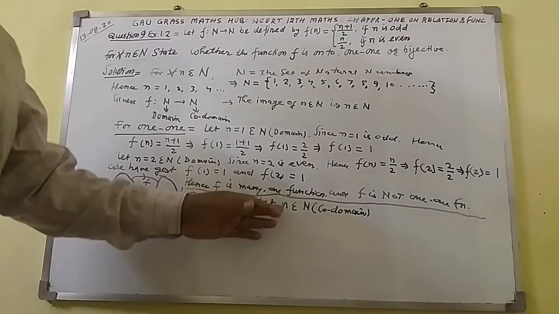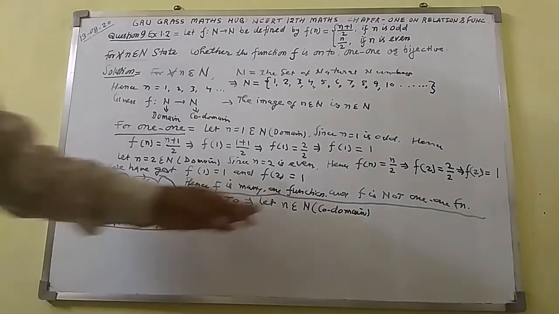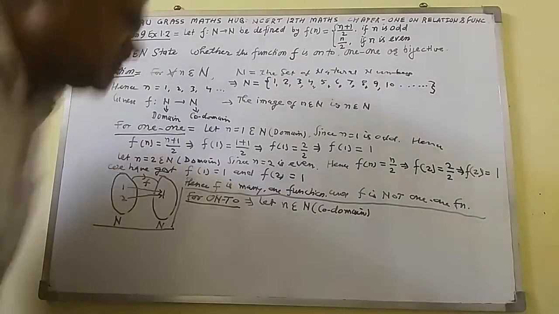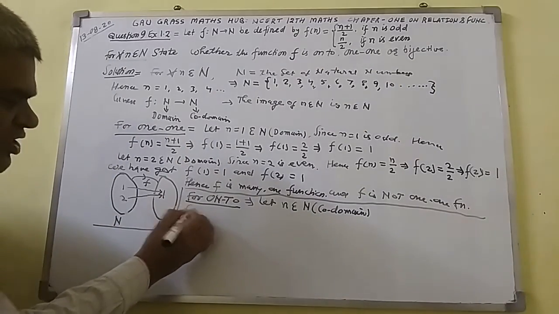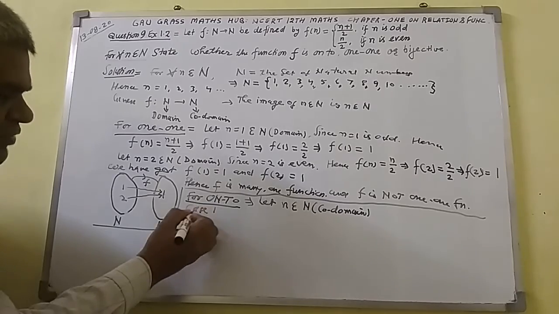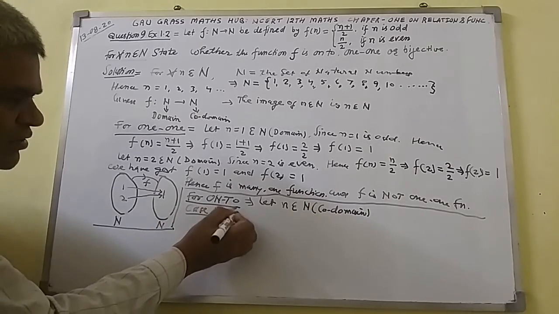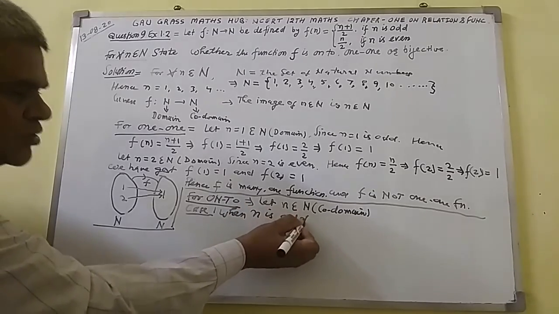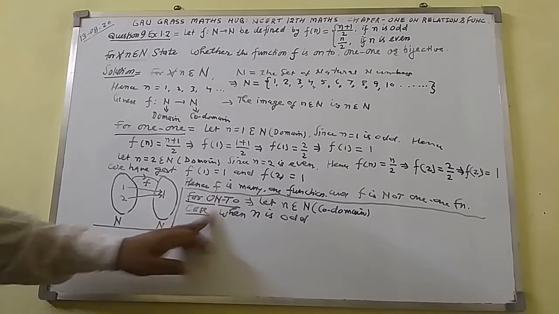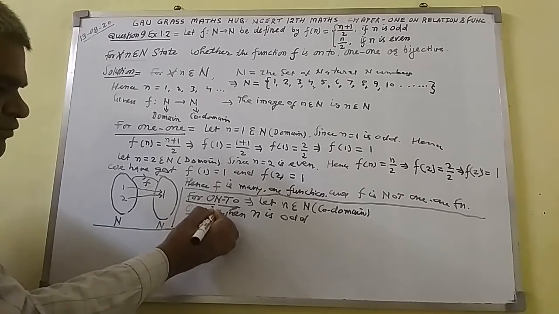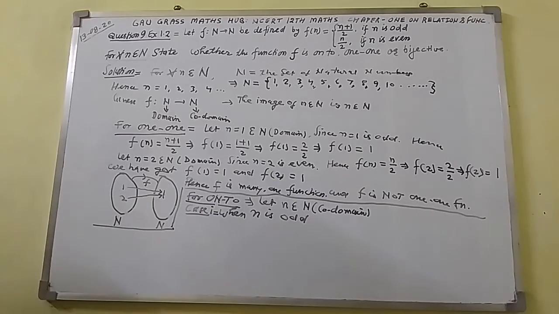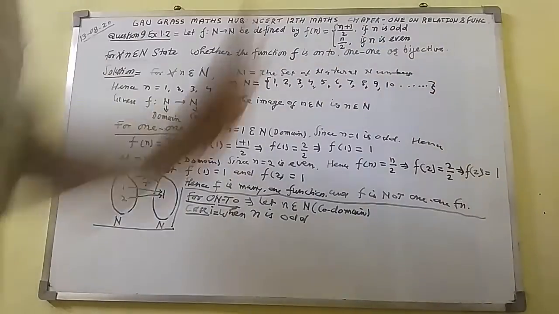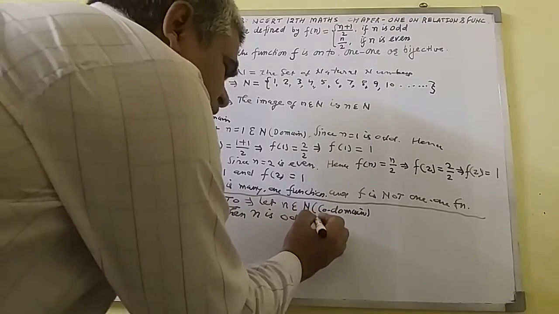So in this case there will be two cases: when n is odd and when n is even. So here I shall discuss case number 1. Case 1 is when small n is odd. Case Roman 1, when n is odd. So what will the value of n be?